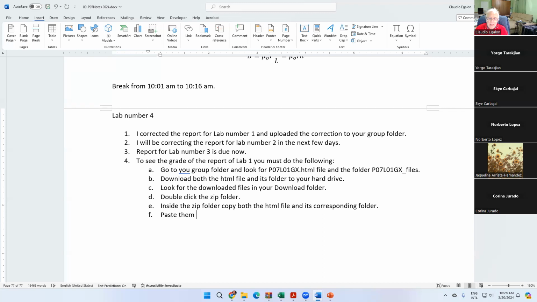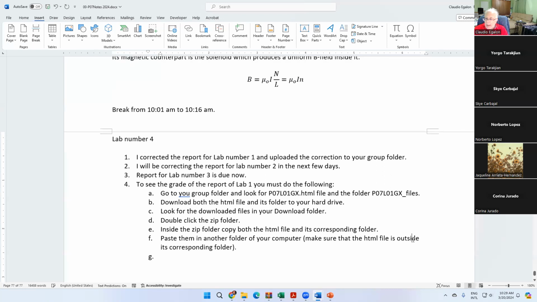Paste them in another folder of your computer. Make sure that the HTML file is outside its corresponding folder, okay? It's outside. I'm gonna highlight that boldface italicized.